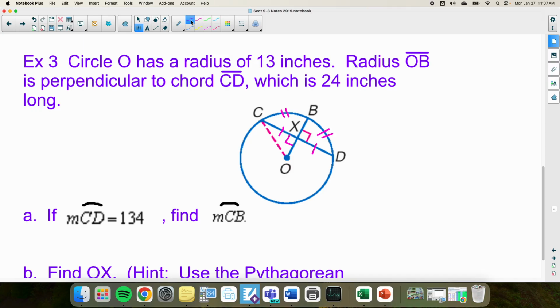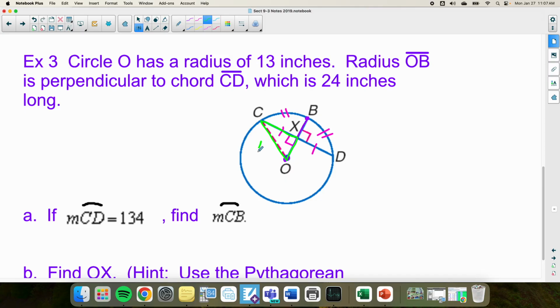This is super important. Do not write the 13, even though this is a radius, I agree, it is. We don't write it there because what we're worried about here is this right triangle, okay? This distance is not the whole radius.